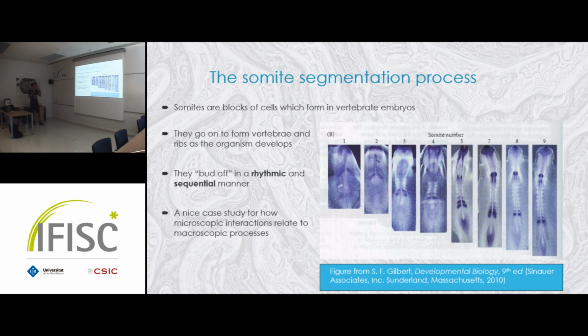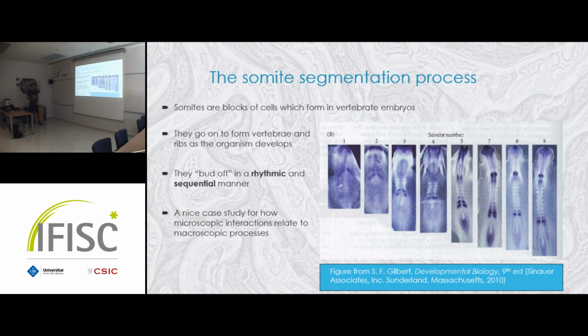And these blocks appear in rather a sequential and systematic manner, which is quite well evolutionarily conserved actually. So lots of vertebrate animals exhibit this process, and it's roughly 20-30 minutes that we get these blocks being formed.